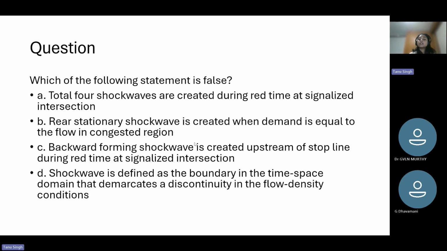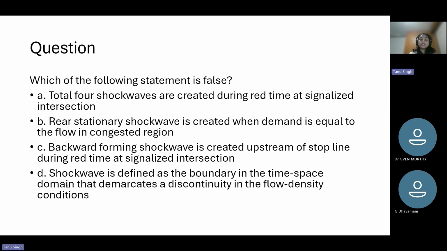All the vehicles arrive and they form the queue. So the shock wave is traveling backward. Whenever the shock wave forms opposite to the direction of traffic flow, we say it is a backward shock wave. Since the queue is forming back from the stop line, we say a backward forming shock wave is being created.